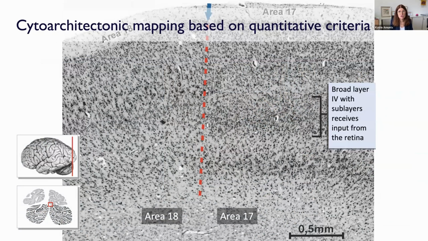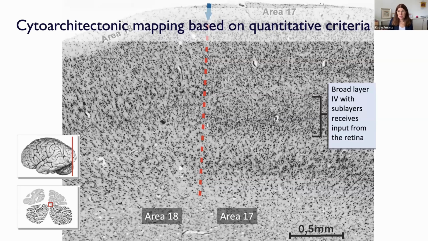This is the primary visual cortex, and you see here the border to area 18. This is a secondary visual area, and without going into detail, it's immediately apparent that the cytoarchitecture is different when you compare the right-hand side of the image with the left-hand side. And in particular, on the right-hand side in area 17, you see a very broad layer 4, which can also be subdivided into sublayers.